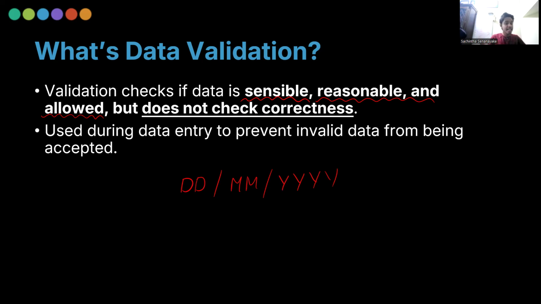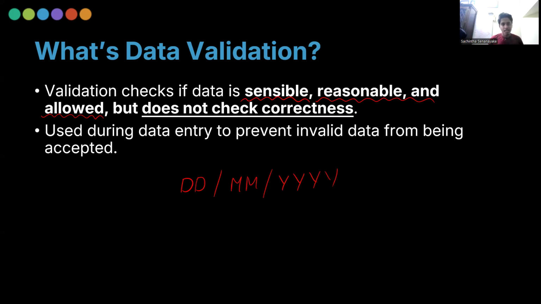Now, if you type it in a different format, it fails validation. It means that you're entering the data in a format that is not the correct format or the format that is accepted by the system. Now, does this, however, ensure that this is the user's true date of birth? Let's say Instagram or Facebook enforces that you type in your date of birth in this format.